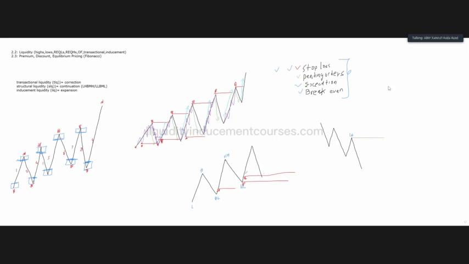If 500 pounds is taken, here is another 500. Do you expect this or this? Bigger expansion, exactly, because there is more money, right? Now, if price comes here, do you think it is going to stop here or go higher? Higher. That's what tends to happen in the market. The more money that is taken, the bigger the moves.